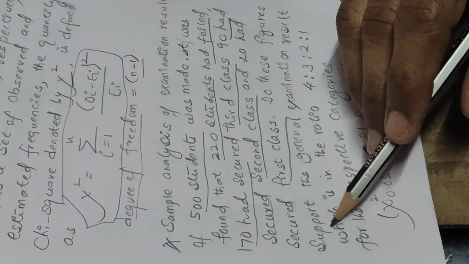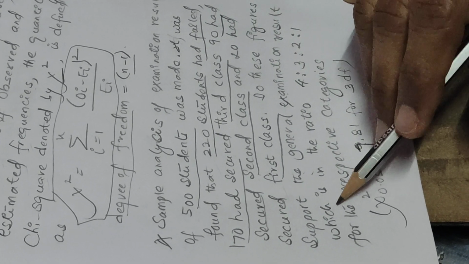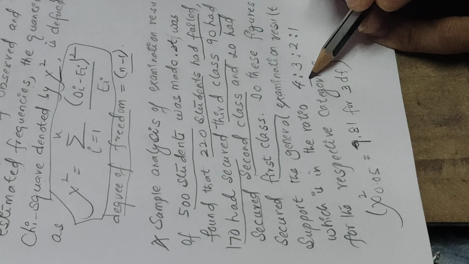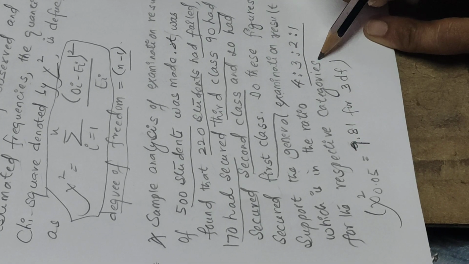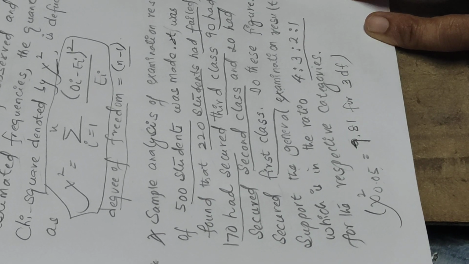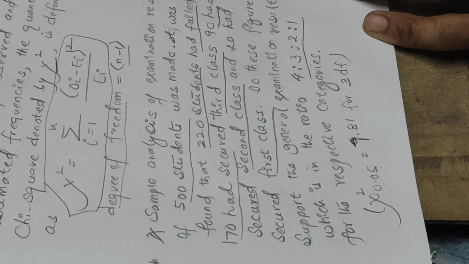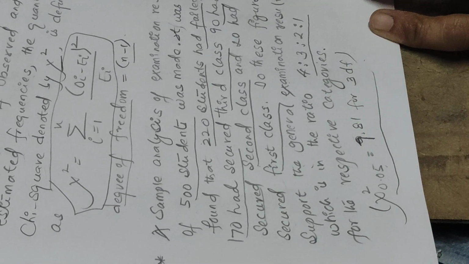Do these figures support the general examination result, which is in the ratio 4:3:2:1 for the respective categories? Chisquare at 0.05 is 7.81 for 3 DF. This is the table value which we have to take.